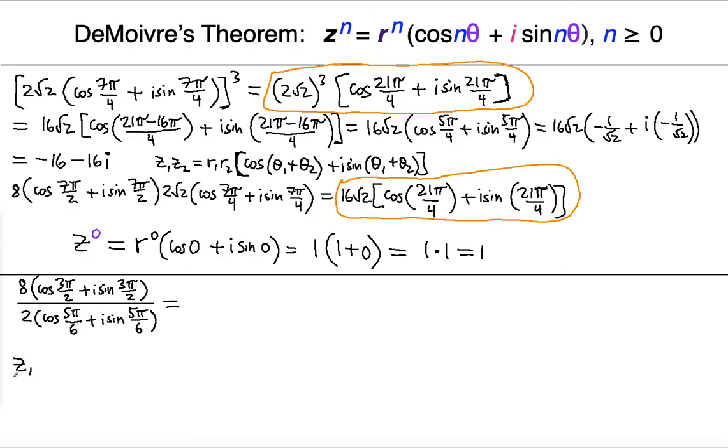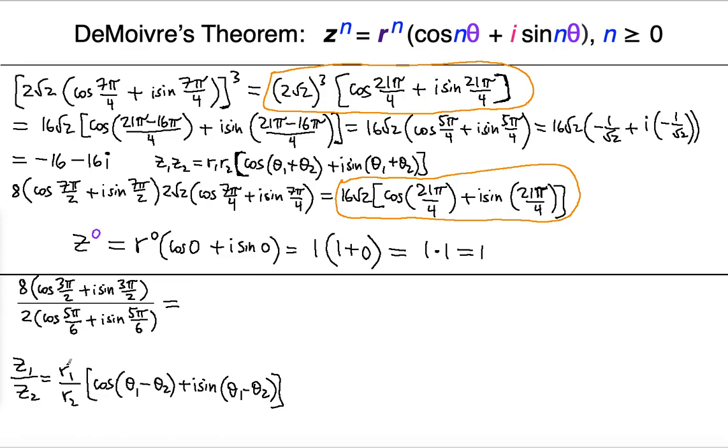For the quotient, we know that this is equal to the quotient of the respective moduli of these two complex numbers, times cosine of the first argument minus the second one, plus I sine of the first argument minus the second one. And that would be the formula that we're going to use.